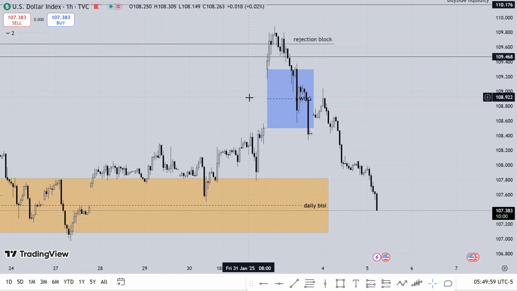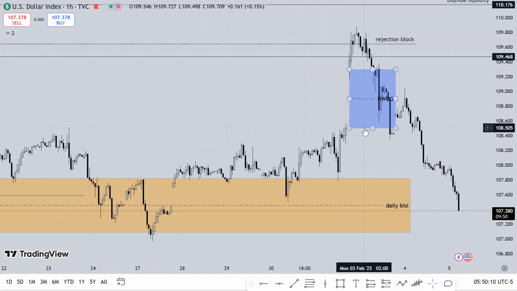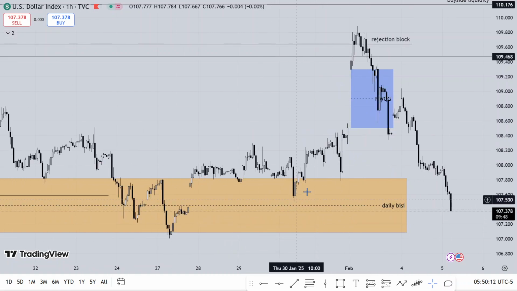So the consequent encroachment of this new week opening gap was used here during the midnight opening price for Tuesday's trading. Then price dropped lower, coming down to this relative close and ultimately inside of this daily BC. We're currently trading below the midpoint of it, which is the lower quadrant.